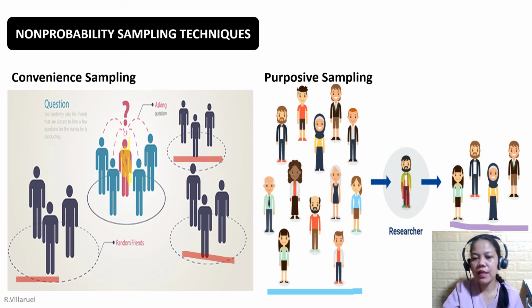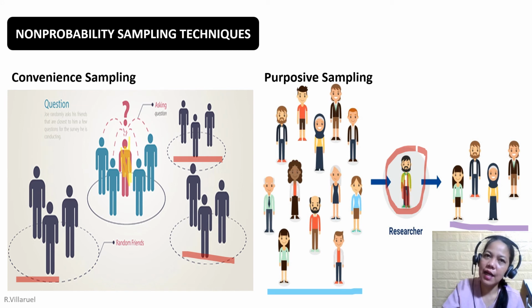So, si researcher gumawa siya nung conditions kung paano niya makukuha yung kanyang magiging sample. So, ano yung pwede nating gawing example? So, kung after kayo sa academic performance, yung kaninang example natin, academic performance and study habits.